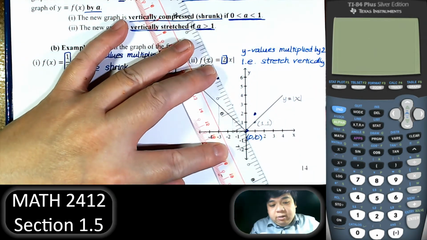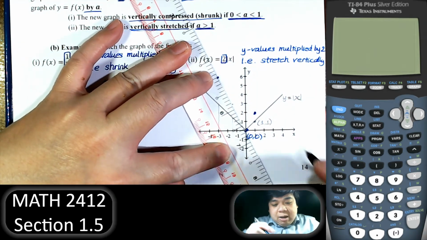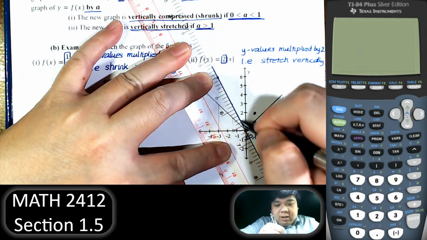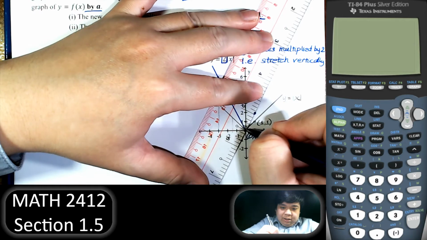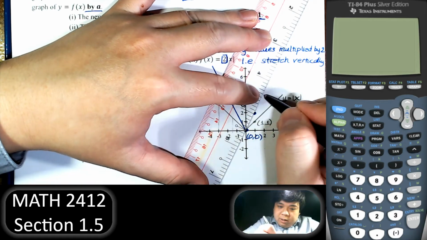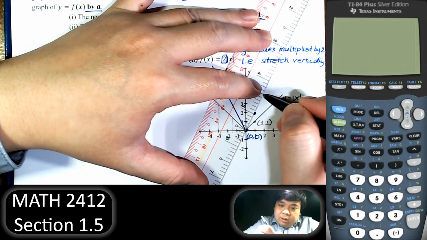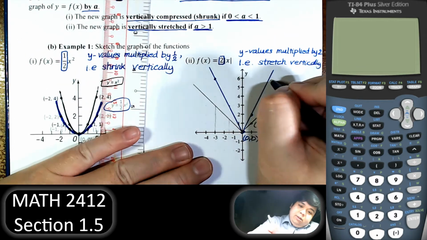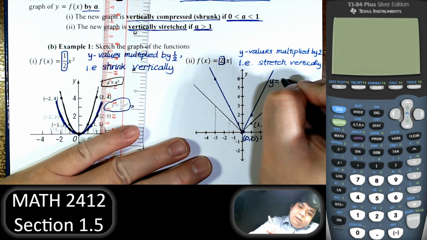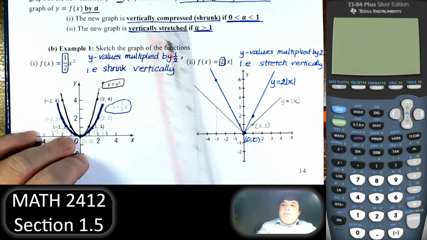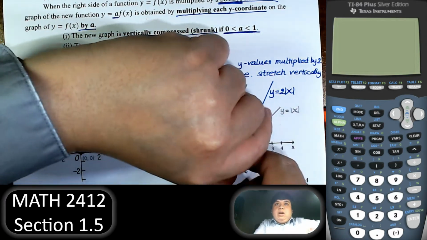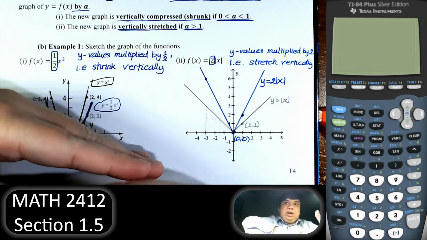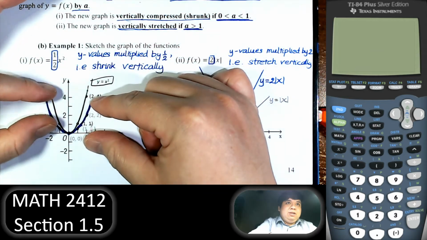So we will have the graph of 2 times the absolute value of x. So on this one we stretch it vertically, and on the previous one we shrink it vertically.